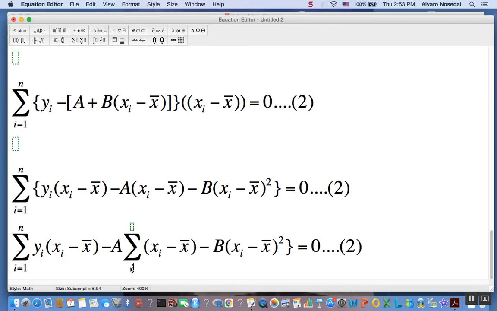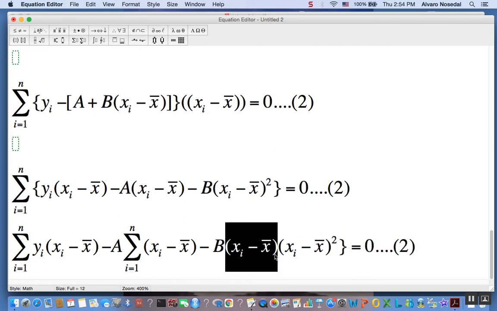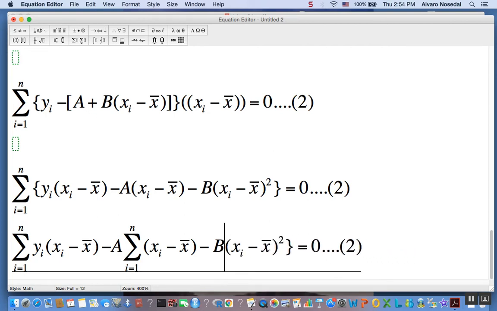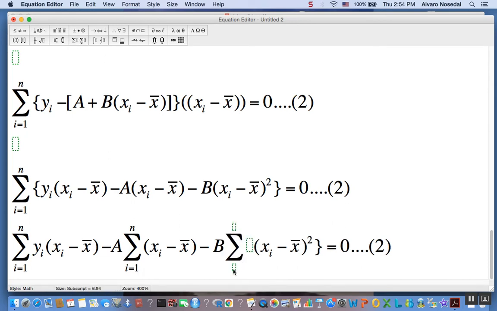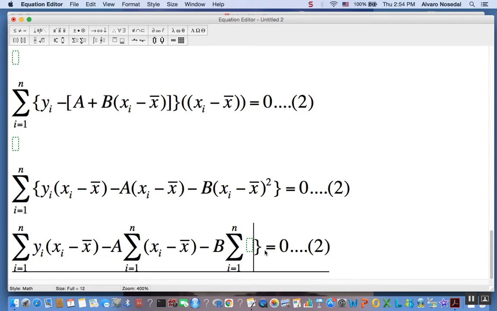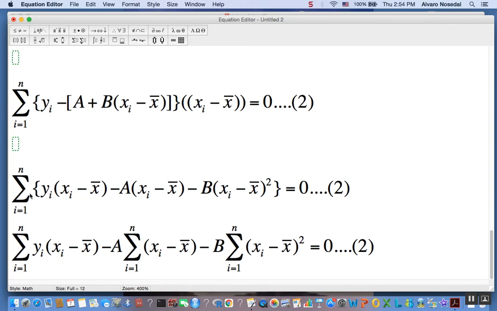Okay. Then again, b is a common factor. I need a summation here. So as I was saying, b is a common factor. We can pull it out, and then we have this guy here, right? Okay, right? No problem. So we have summation of these three terms is the same as these three sums, right?